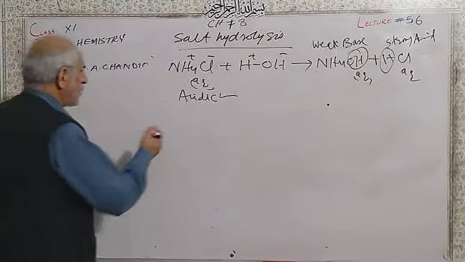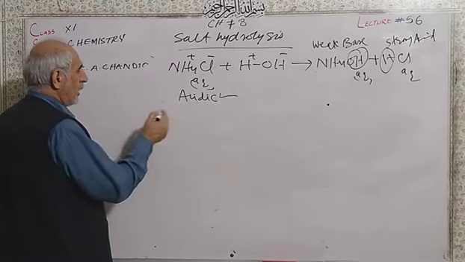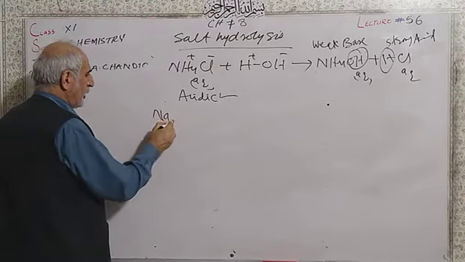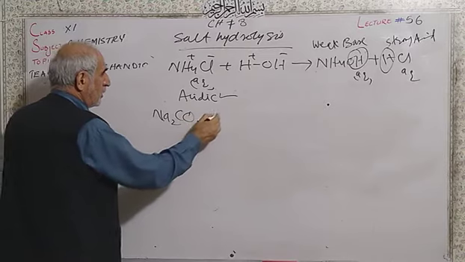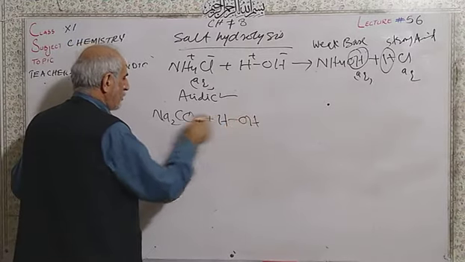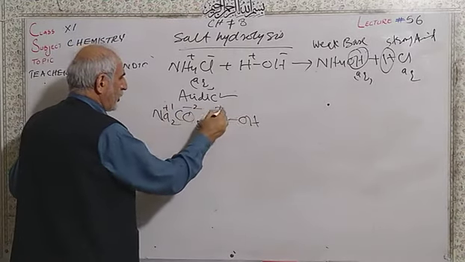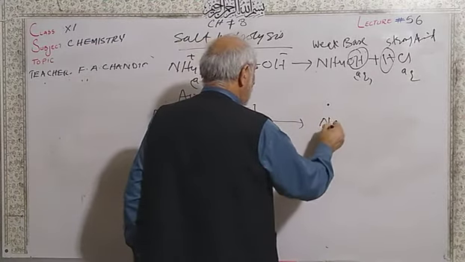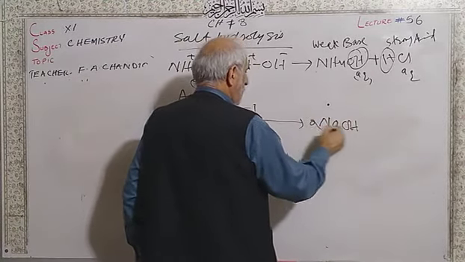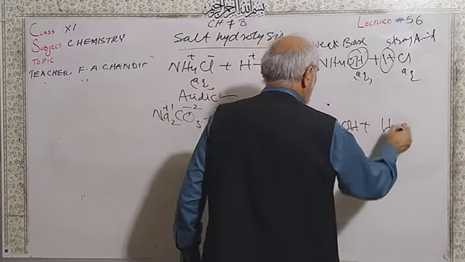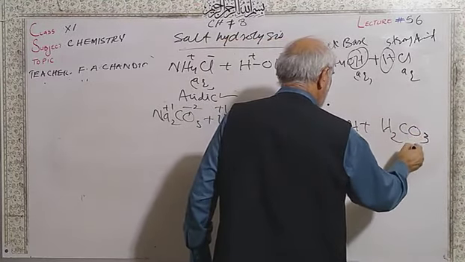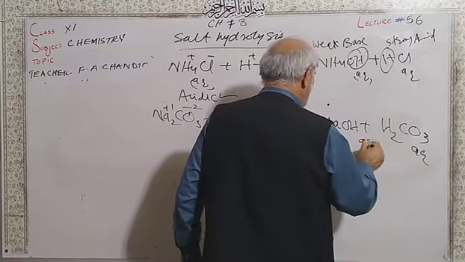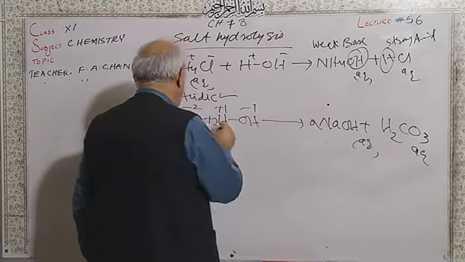Another example, then I will stop here. If you have sodium carbonate, same: sodium positive 1, carbonate negative 2, hydrogen positive 1, OH negative 1. So you will get here sodium hydroxide and carbonic acid. You must remember, you must have this practice.